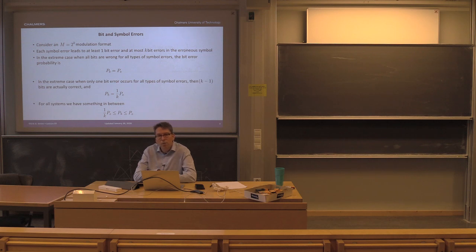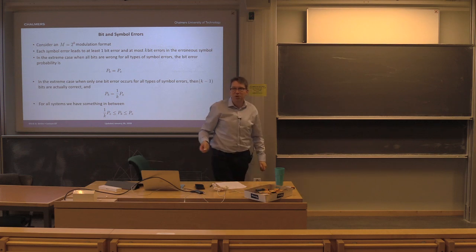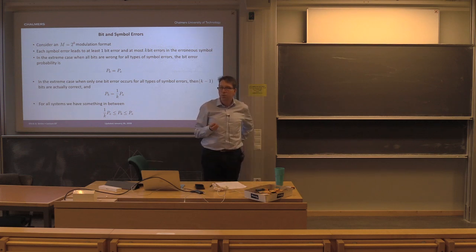What would you think, on a particular link, what will be the highest, the symbol error probability or the bit error probability? Any guesses? I mean, it's probably on the slide, but if you think about it first, what would you think?